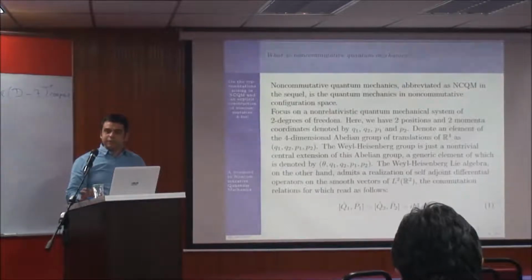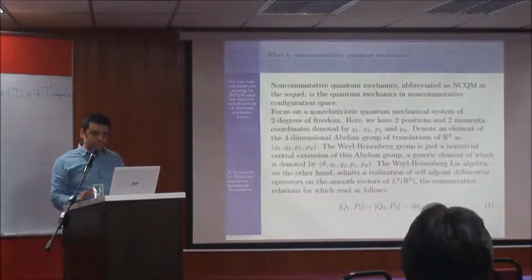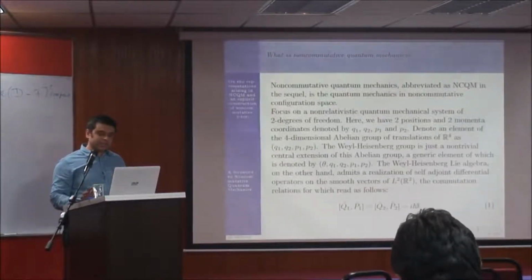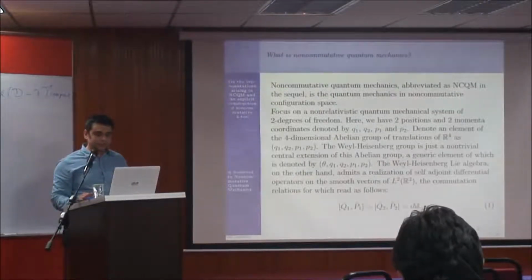And so everybody is familiar with Weil-Heisenberg group. What happens with Weil-Heisenberg group is that you have this R4 and you centrally extend it with that phase variable theta with some appropriate group multiplication rule.